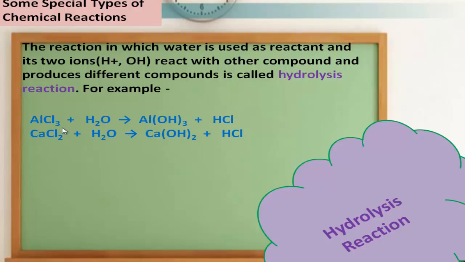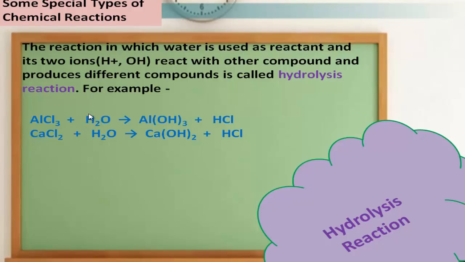Follow the example. In the reaction in which water is used as a reactant, water must be present as a reactant and its two ions, hydrogen ion and hydroxyl ion, react with another compound.